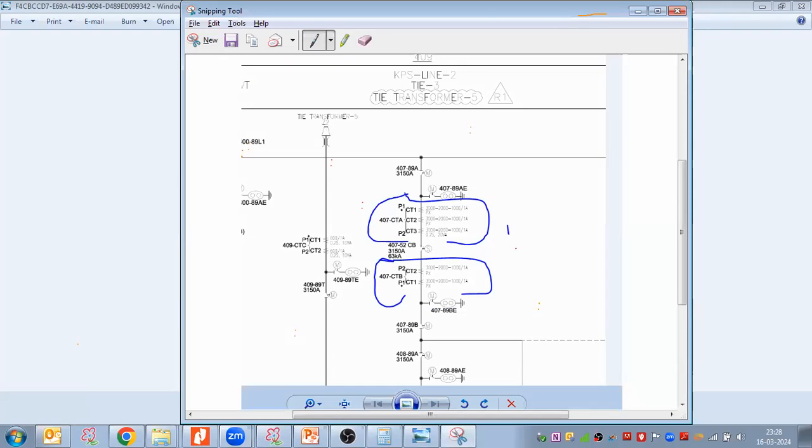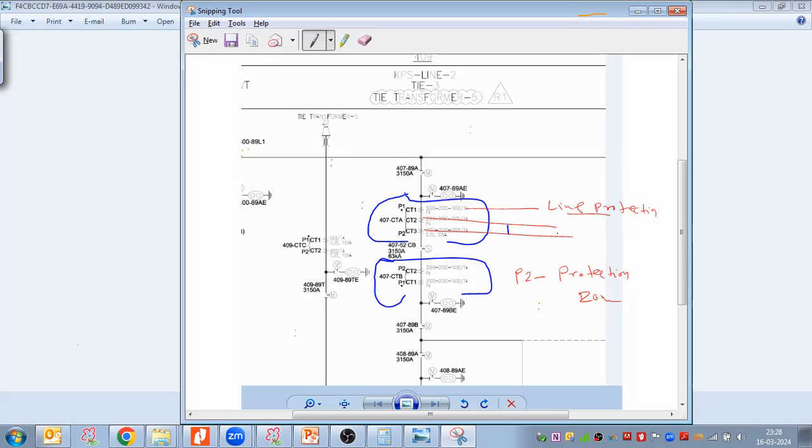P2 where? P2 shall be at the protection zone, right? Protected part. Correct, yes, sir. This CT is for what? Line protection main one, okay, understood. CT2, line protection main 2.